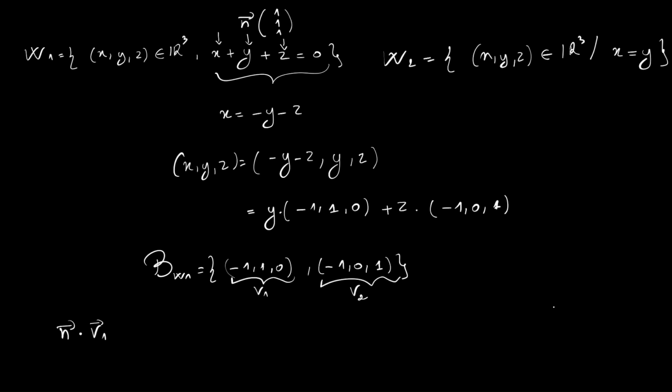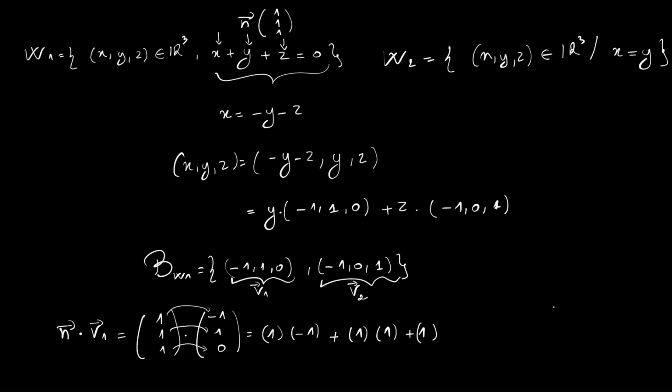To calculate the dot product, I write first this, then we multiply each component with its counterpart, which is 1 times minus 1 plus 1 times 1 plus 1 times 0, which is clearly 0.